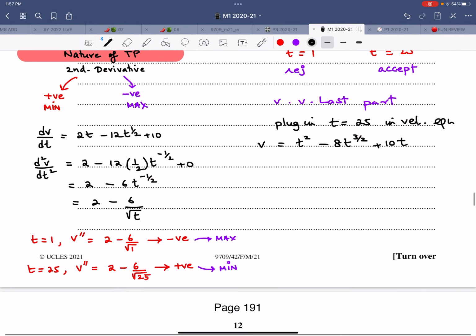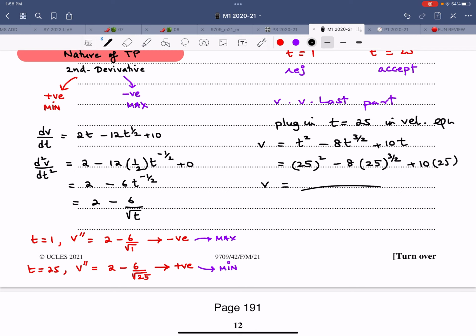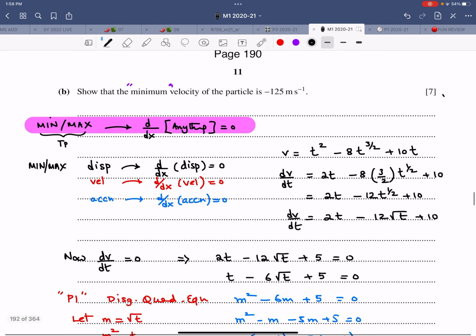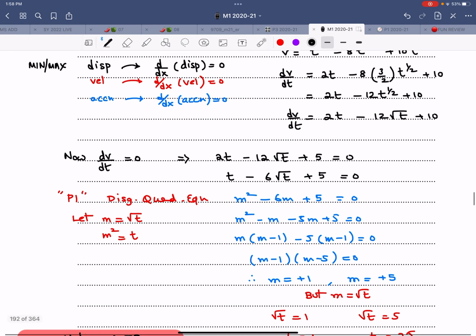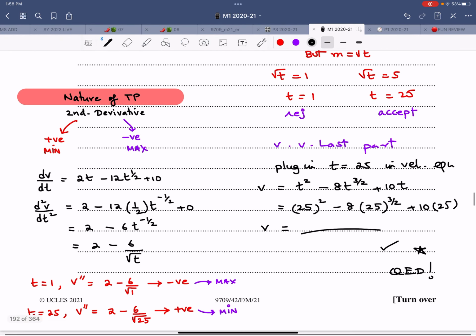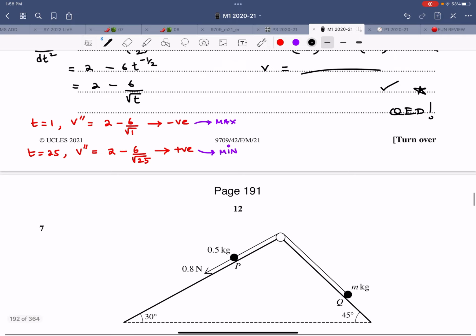So this is 25 squared minus 8 into 25 raised to the power of 3 over 2 plus 10 multiplied by 25. Use a calculator and you will get your desired answer. So that's quite easily done for 7 marks. So this was question number 6, which required a complete knowledge of pure maths.